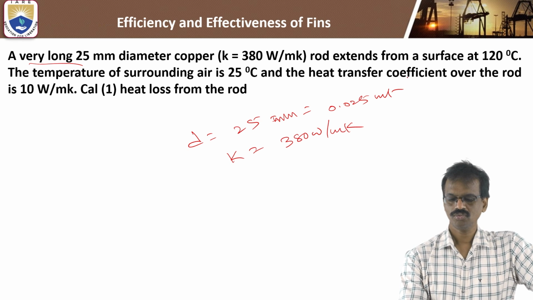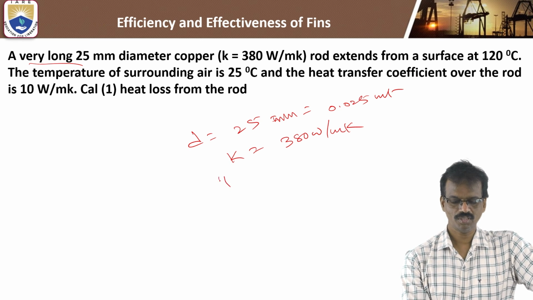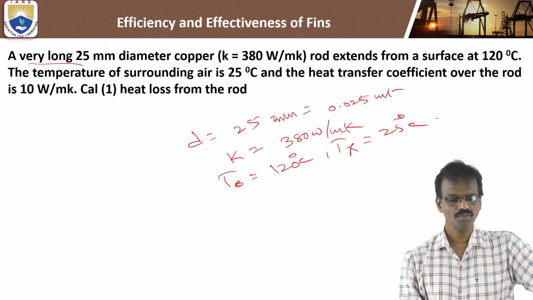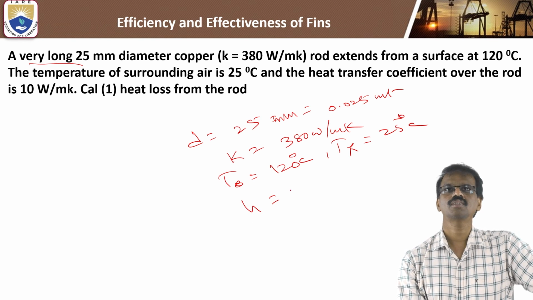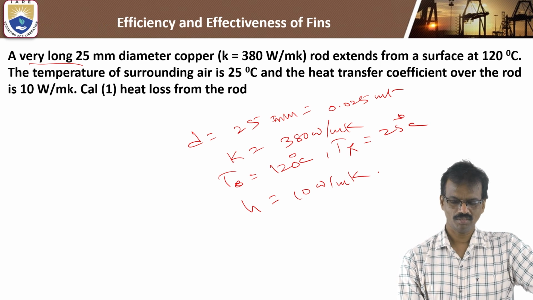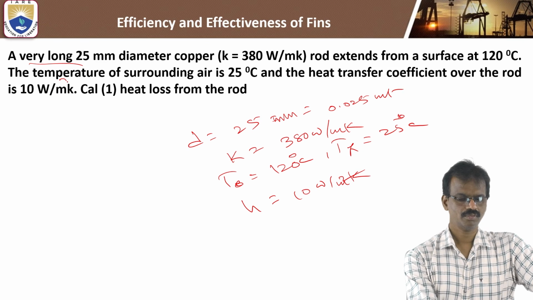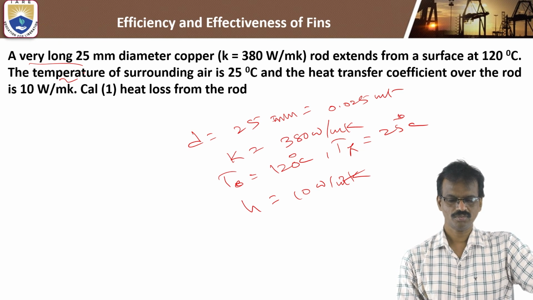The extended temperature T naught is 120 degrees Celsius, and T ambient is 25 degrees Celsius. The heat transfer coefficient h is given as 10 watt per meter square Kelvin. Calculate the heat loss for the long fin.